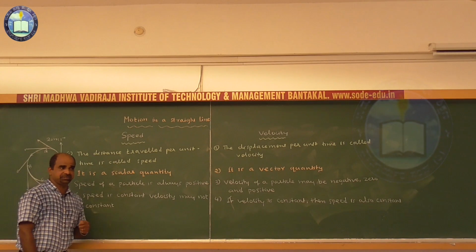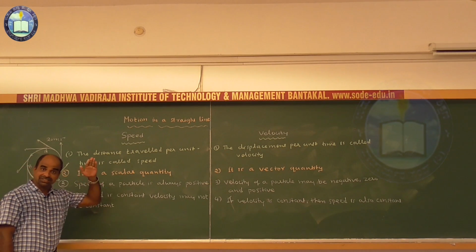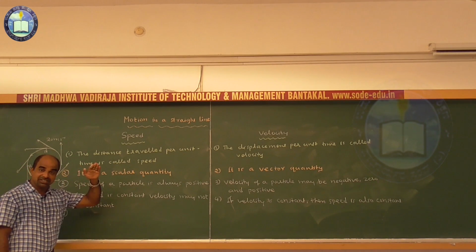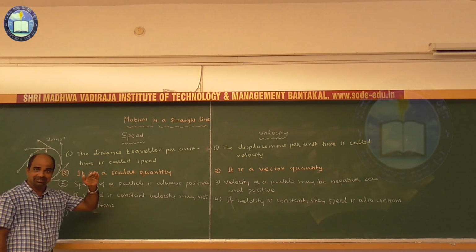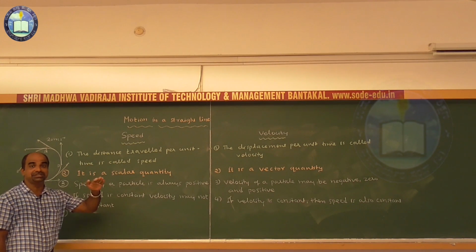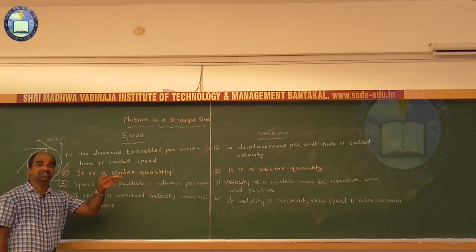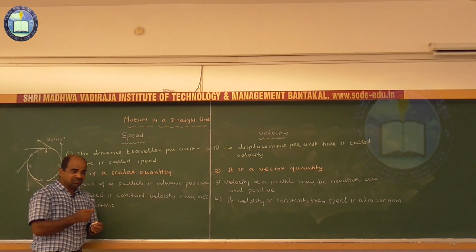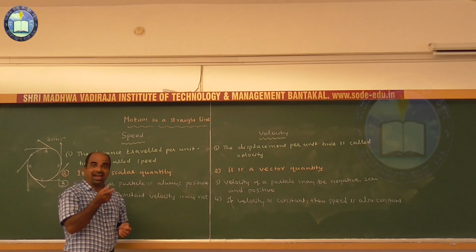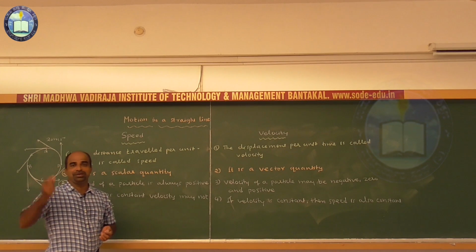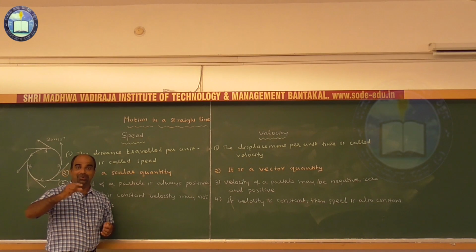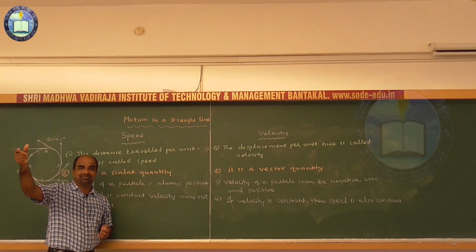Now the fifth one. What about speed? When discussing instantaneous speed, I explained that the rapidity or slowness of a moving body may vary from instant to instant. The speed of the moving body gives an idea about how quickly the body moves or how slowly the body moves.